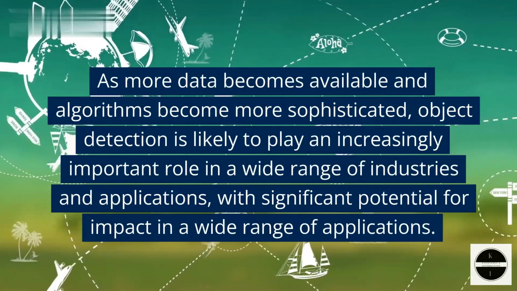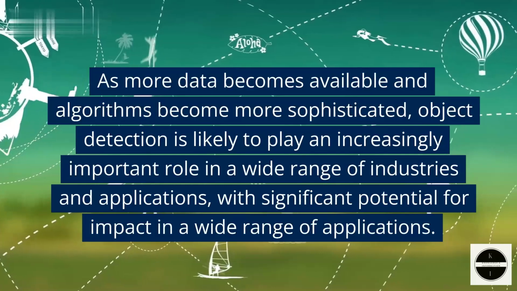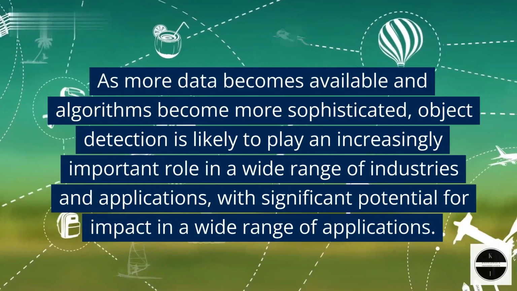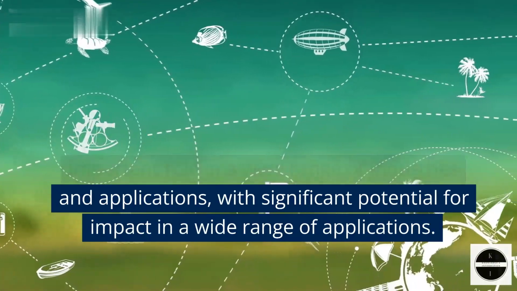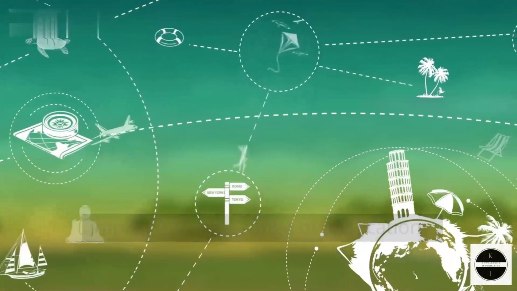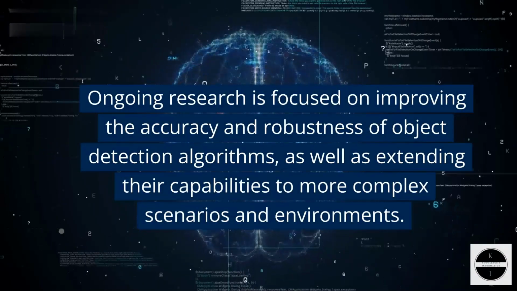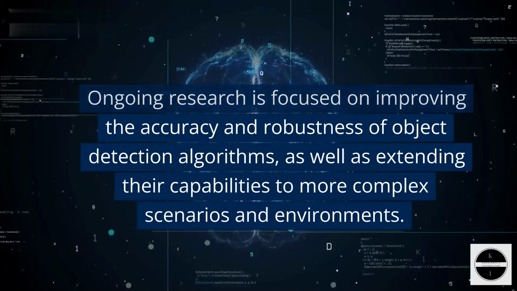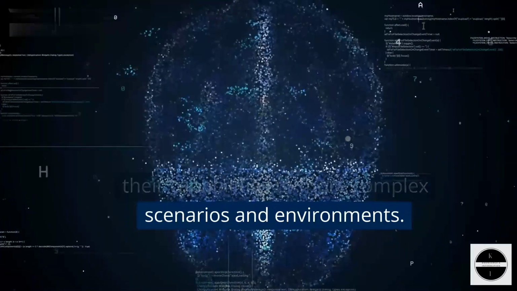As more data becomes available and algorithms become more sophisticated, object detection is likely to play an increasingly important role in a wide range of industries and applications. Ongoing research is focused on improving the accuracy and robustness of object detection algorithms, as well as extending their capabilities to more complex scenarios and environments.